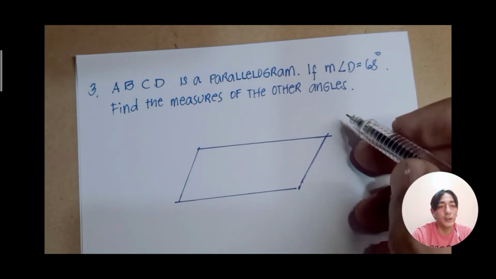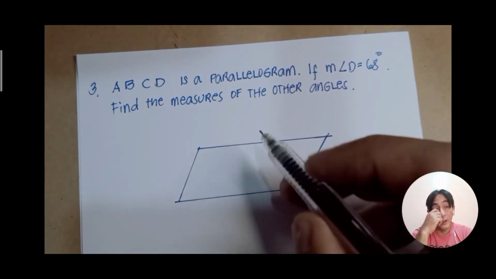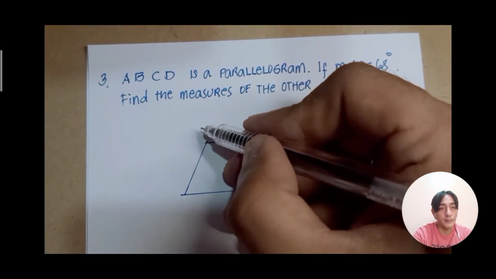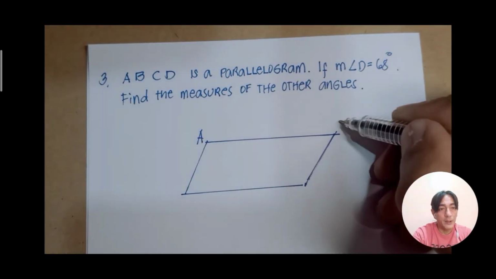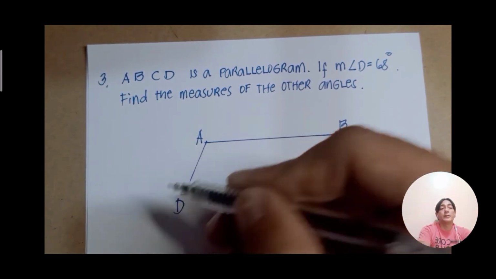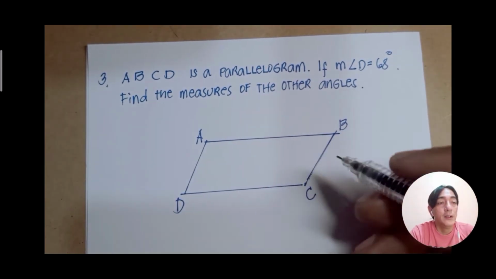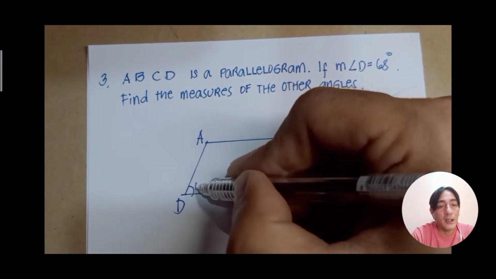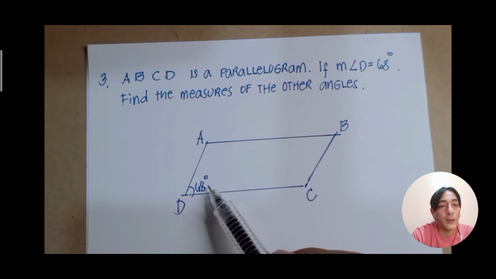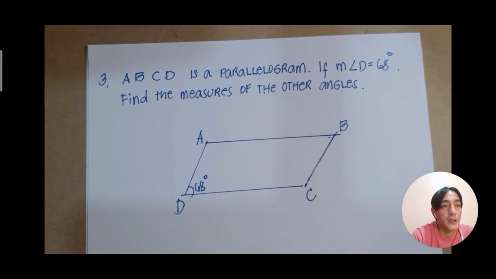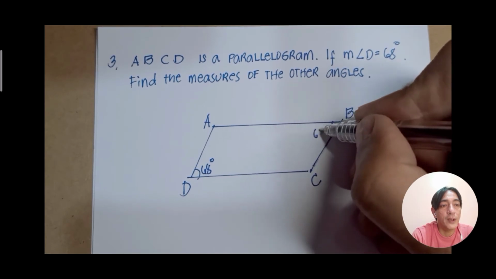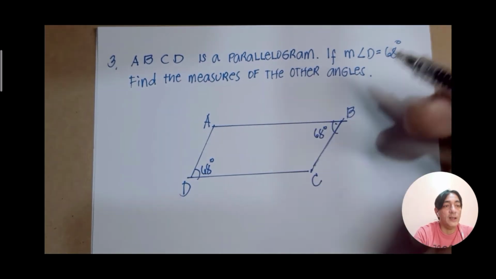So, labelan natin A, B, C, and D. So, measure ng angle D is 68 degrees. So, isulat natin, 68 degrees. Okay, so ang relation niya sa angle B, opposite angles sila, so they are congruent. Therefore, yung angle B is also 68 degrees.